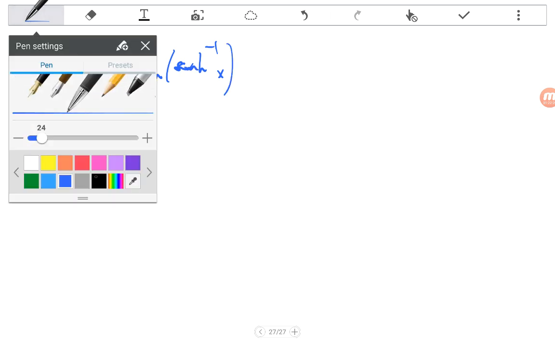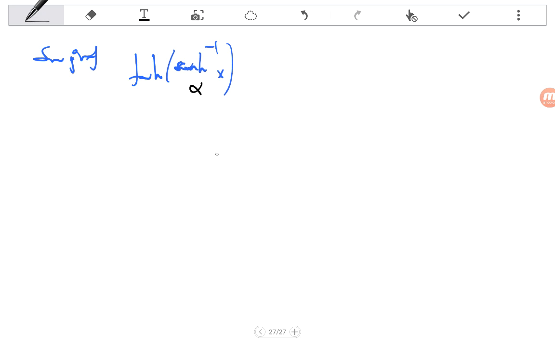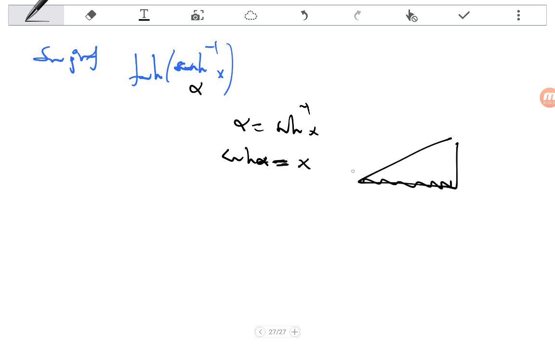We have learned, if I tell you simplify tanh of sine inverse x, we have learned this before, just we'll solve it again. Alpha is sine inverse x, so sine alpha is x. We make the fake triangle with angle alpha.